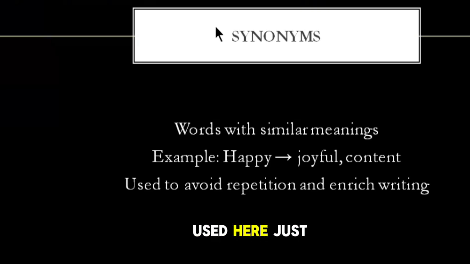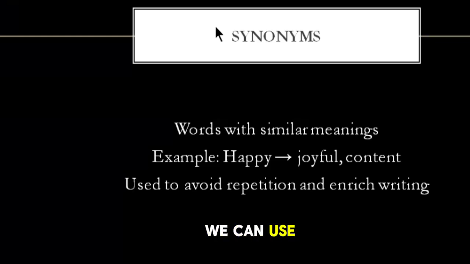Synonyms are used here just to make you understand that synonyms can help you enhance your vocabulary. If we learn or memorize a single word, it must have synonyms, and those synonyms would help us to build our vocabulary. For example, we have the word happy. Its synonyms are joyful, content, or satisfied.